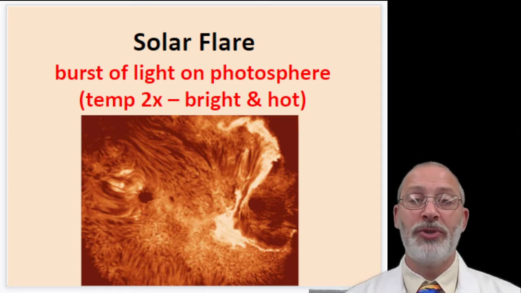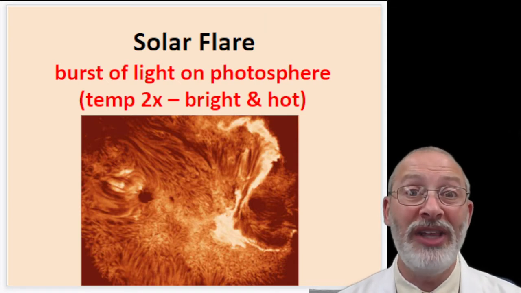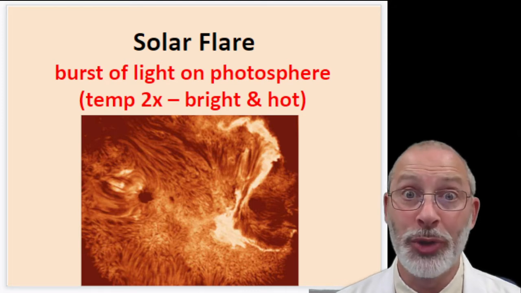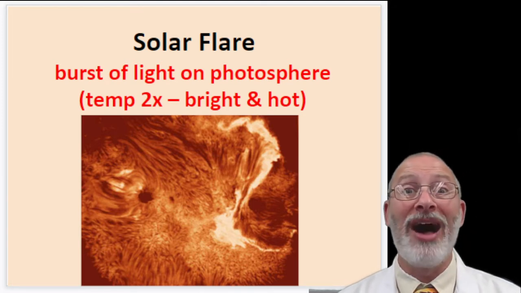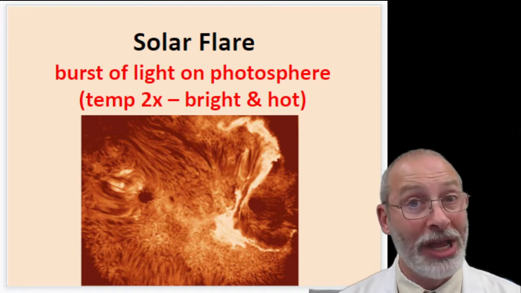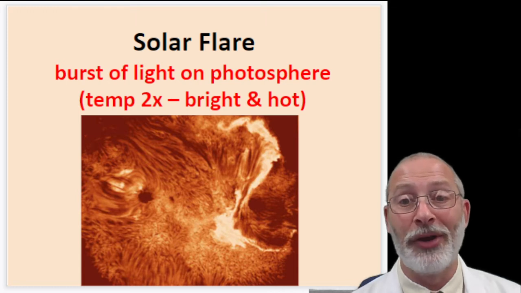So if that's the temperature of the photosphere, how hot do you think these solar flares are going to be? Yeah, 2 times that, about 12,000 degrees Celsius. That's pretty hot, very hot, in fact. And because they are so hot, they get very bright.